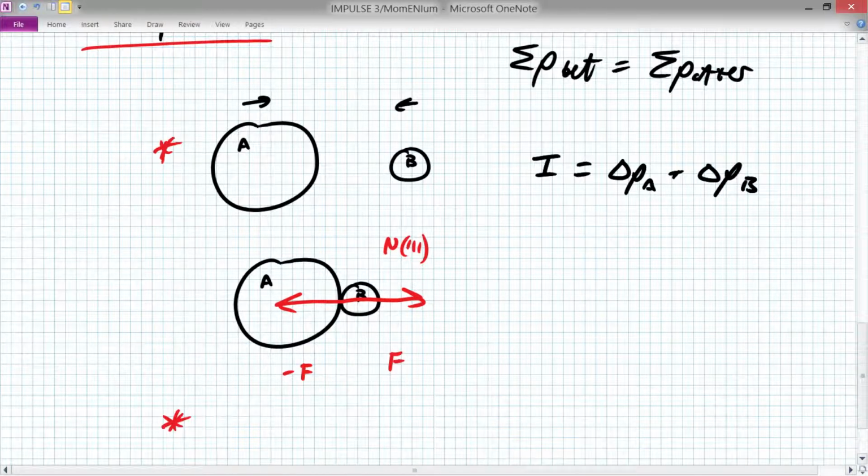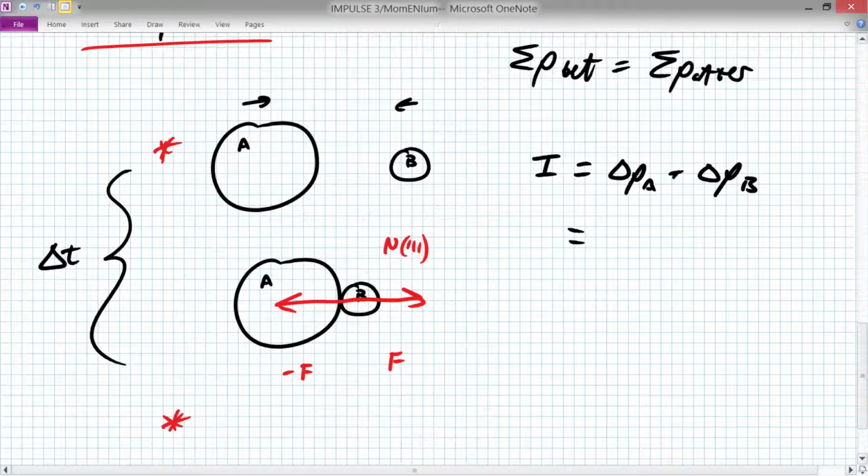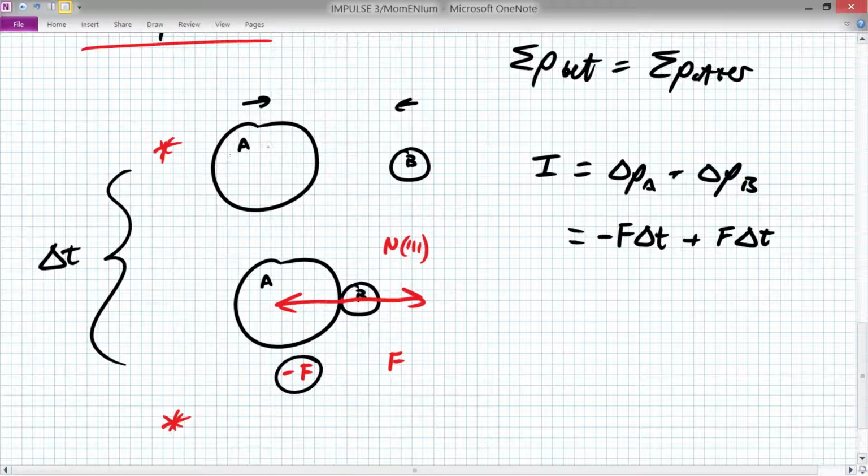Okay, so let's do this. One last consideration we need to make is that this whole collision lasts some time, delta t. So just substituting in, the change in momentum for A is going to be minus F delta t, and for B it's going to be plus F delta t, since they both have experienced this equal and opposite force.